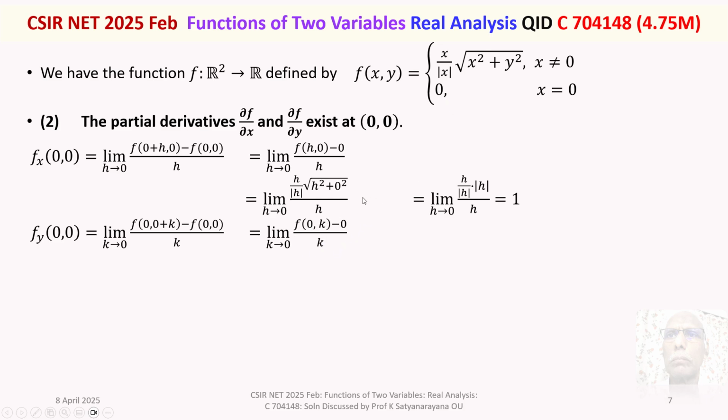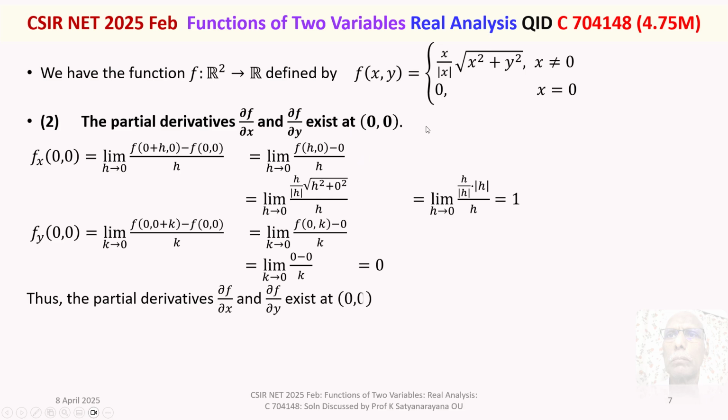And go to the definition of f of x comma y, put x is equal to 0 and y is equal to k, this is 0. So this will be limit k tends to 0, 0 minus 0 by k, that is 0. Thus, the partial derivatives del f by del x and del f by del y exist at 0 comma 0. The option 2 is also true. We move on to options 3 and 4.